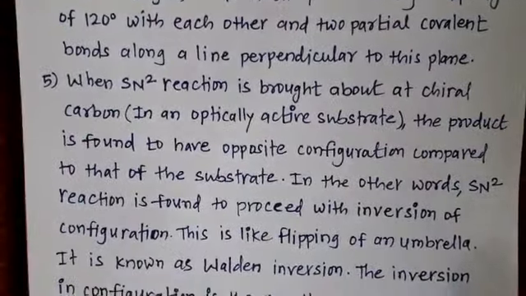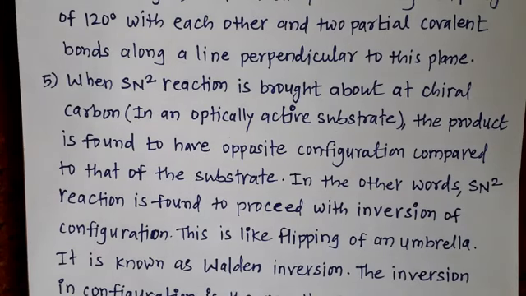This is like the flipping of an umbrella. When there is a cyclone and we open the umbrella, the umbrella flips in reverse. Like that flipping of umbrella, the product formed during SN2 reaction mechanism is the inverse of the substrate.